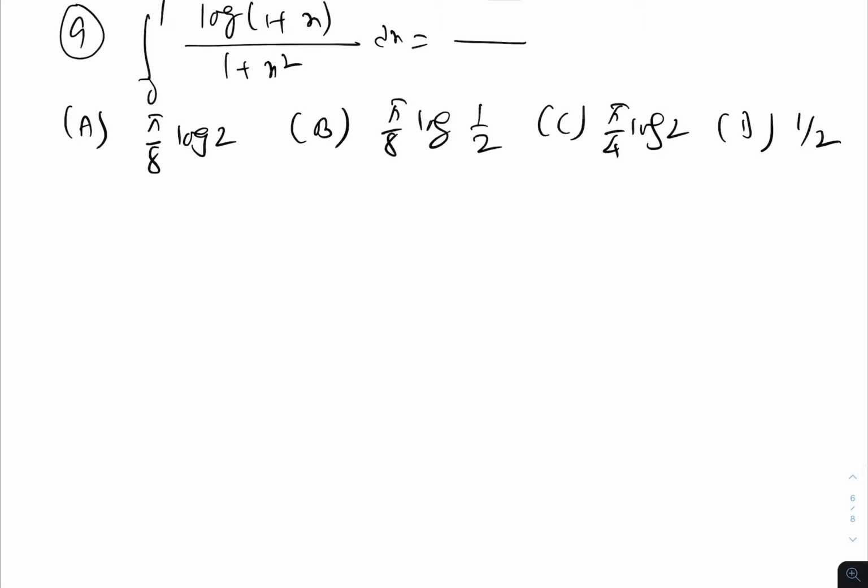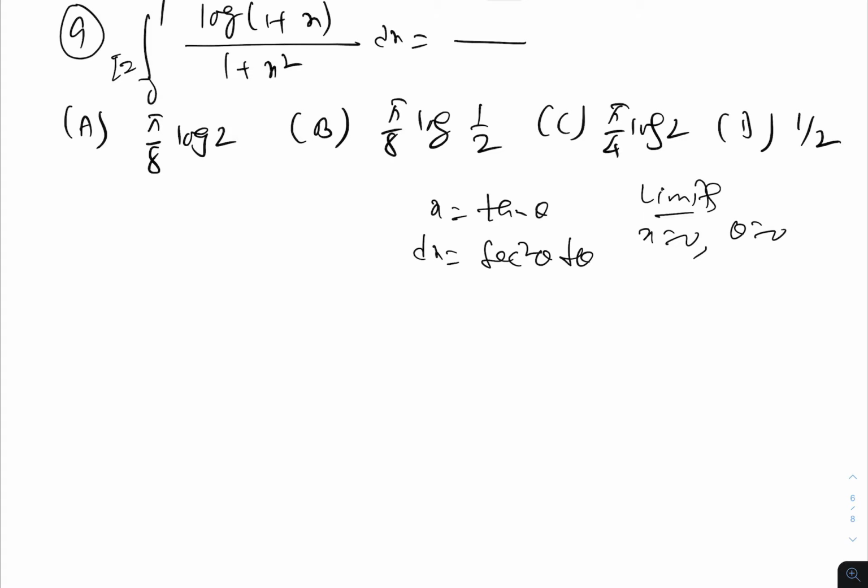Let us now solve this example. So here you are given log of 1 plus x and 1 plus x square. So can you take x equal to say tan theta, then dx is sec square theta d theta. What about the limits? When x is 0, theta is 0; when x is 1, theta is pi by 4.